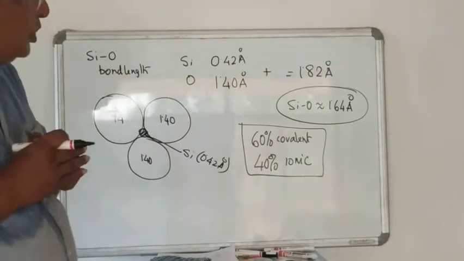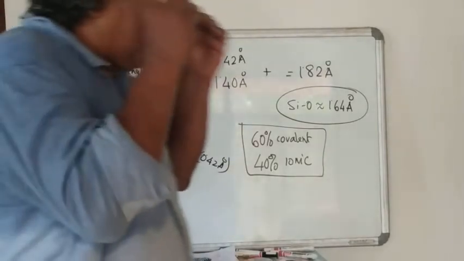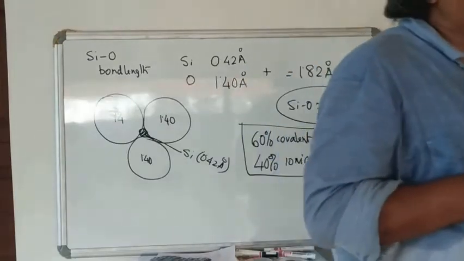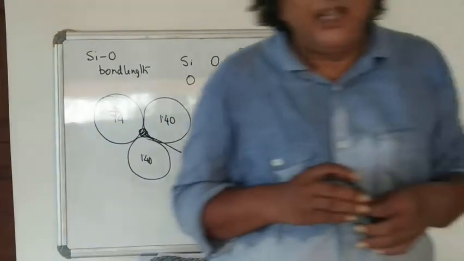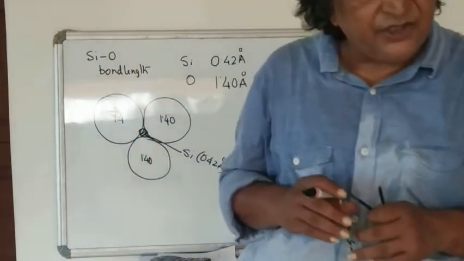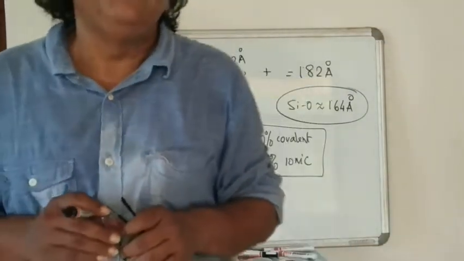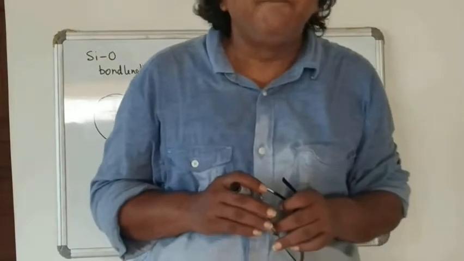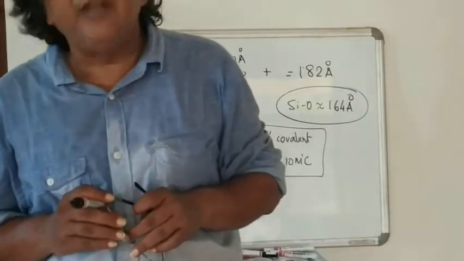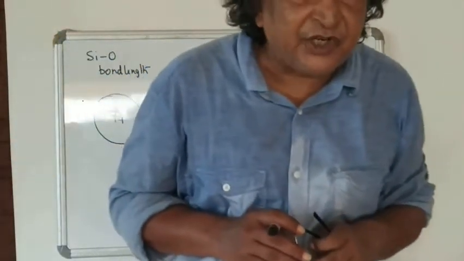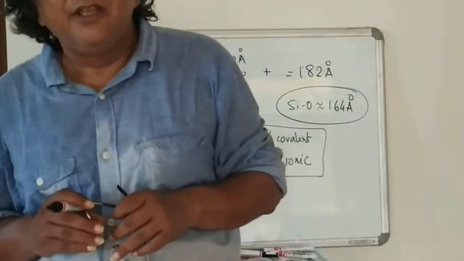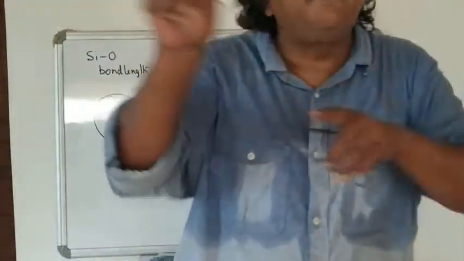Have you understood? So, for example, if there are perfectly covalently bonded compounds, they would have high melting points, high boiling points, and be insoluble in water. They would be highly refractory in nature, and there would be strong directional properties.